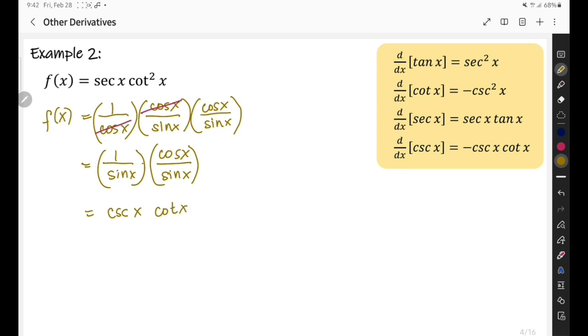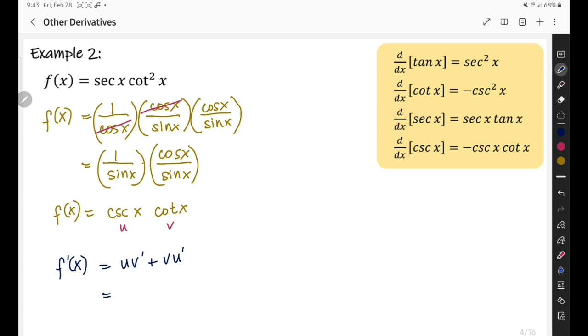With this, we can make use of the theorems. We have cosecant here, so we can use this, and we have cotangent here, so we can use this one. But since it's a product of two functions, we will employ the product rule when we get the derivative of this function. So f prime of x is equal to u v prime plus v u prime.